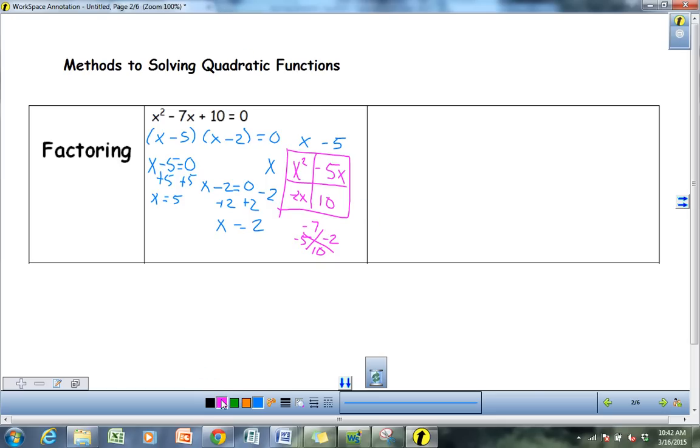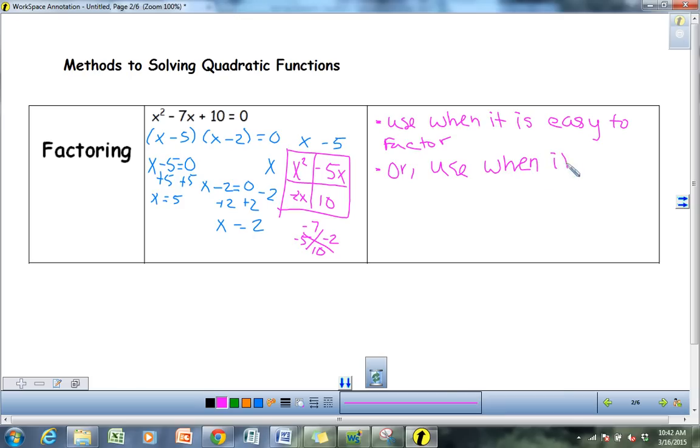We're going to use solving quadratics by factoring when it is easy to factor. So if you're struggling trying to figure out what your factors are, I would not use factoring unless the directions tell you to. Or use when they give you the factors already, when it is in factored form.